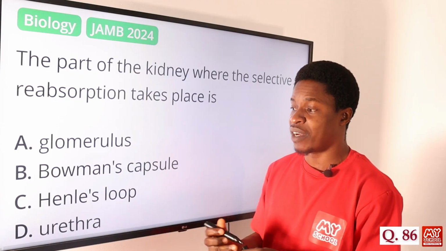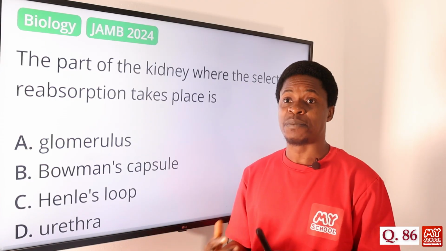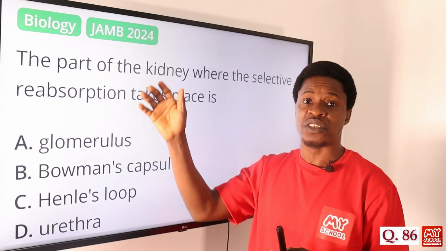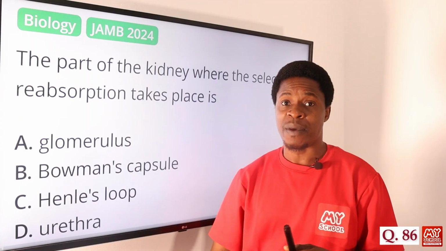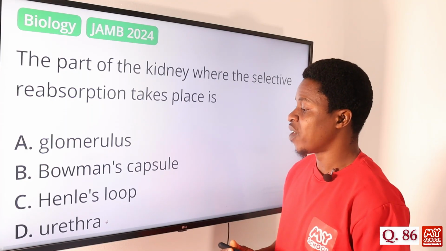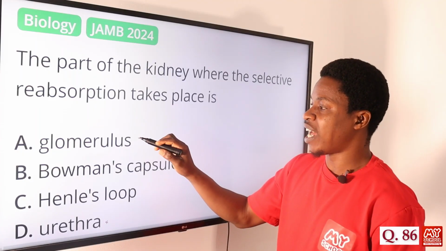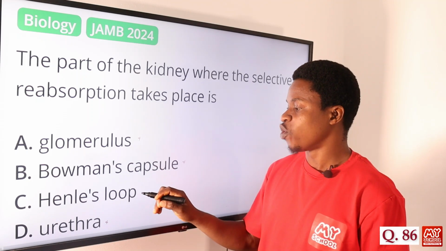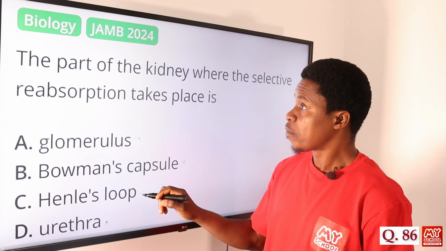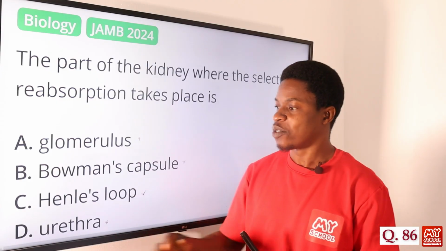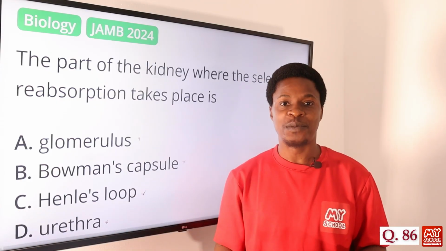Option D is the urethra. The urethra is the organ that helps to pass the urine that is filtered from the kidney out of the body. So this is not responsible for selective reabsorption. Glomerulus and Bowman's capsule actually help in filtering the blood. So the Henle's loop is one of the parts of the kidney that helps in selective reabsorption. So the correct answer is option C.